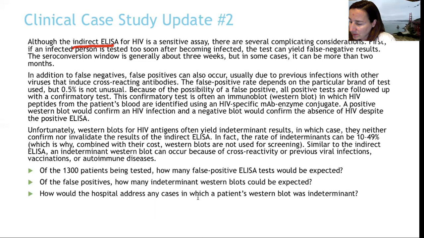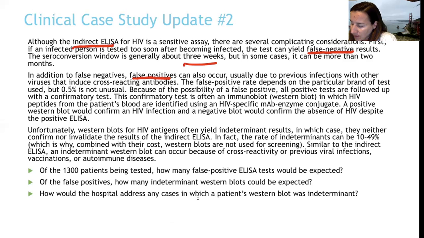They're going to get in touch with them. They're getting all their ducks in a row. And they're going to use an indirect ELISA. It can yield false negatives if they go too early. So they're going to wait the 3 weeks. They can also have false positives. So just in case these happen, they're going to have counselors for anybody who tests positive ready and waiting.